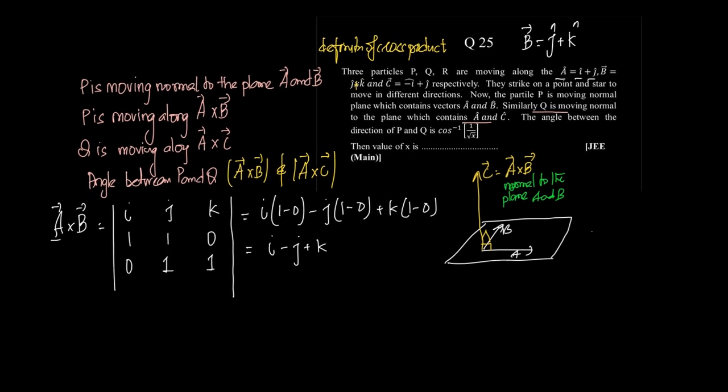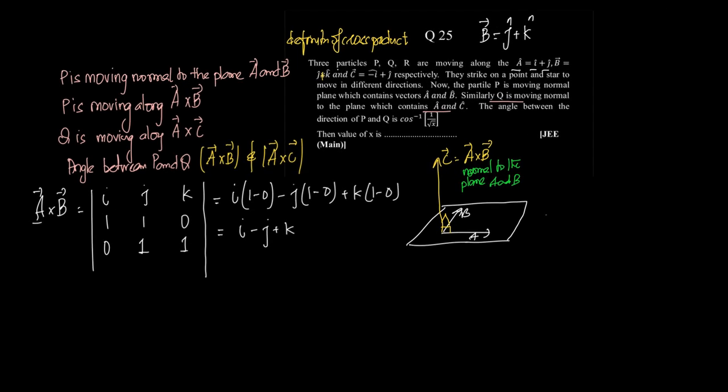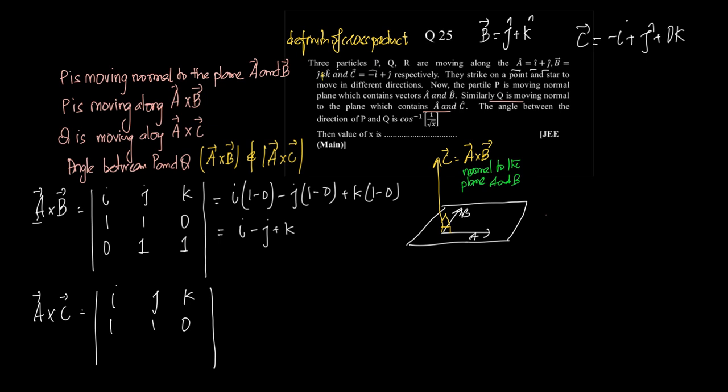Okay. Similarly, what is the value of A cross C? Let us see. A cross C is equal to the determinant of I j k, right? And what is vector A? We know vector A is 1 1 0. Vector C is minus I plus j plus 0k, so it is minus 1 1 and 0, right?